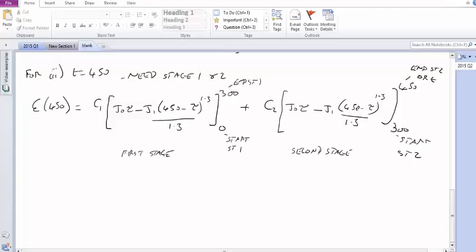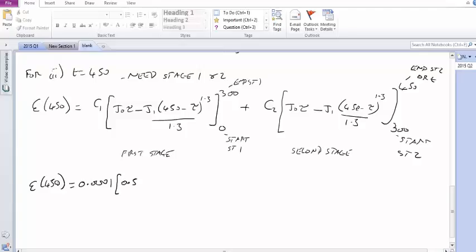Okay, so what we then need to do is put numbers in and expand this out. We do get quite a lot of terms here, so I will put them all in, even though some of them go to 0, because it's not quite as simple as the first case. C1, our first stress rate is 0.001, J0 is 0.5.